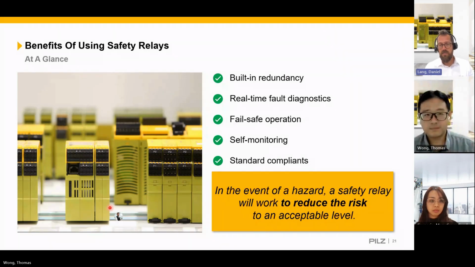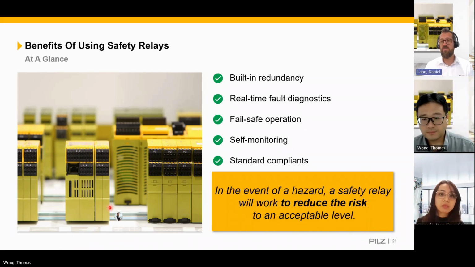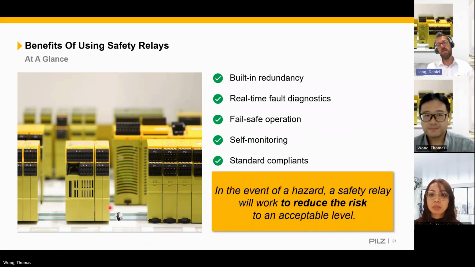So at a glance, the benefits of using safety relays are many. I just mentioned some of them. We have built-in redundancy, real-time fault diagnostics, fail-safe monitoring, self-monitoring. They are compliant to standards. You save time and space. You have maximum flexibility. And in the event of a hazard, the safety relay will work to reduce the risk to an acceptable level.